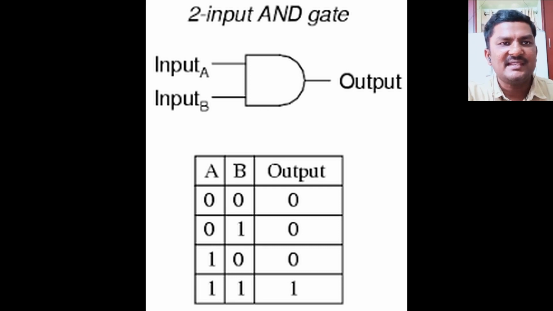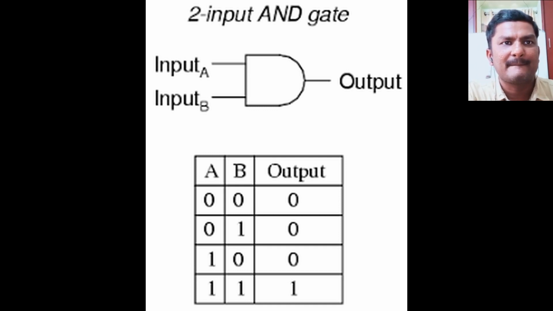In the second case, if A is open and B is closed, there is no flow of electric current, bulb won't glow, so Y value equal to 0. So for A equal to 0, B equal to 1, Y value is also equal to 0.